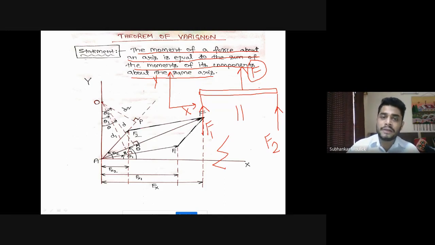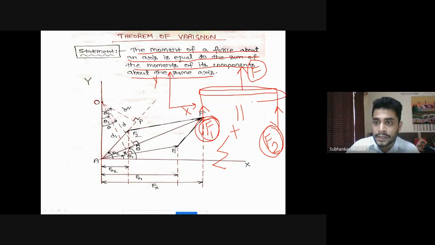In this diagram, it is very clear that this resultant force has two components, one is F1, another one is F2. So the moment of this particular force will be equal to the summation of the moments of its components. That means the moment due to force F1 plus the moment due to force F2 at any particular point in the body. This is the statement of this theorem. Is the statement clear?